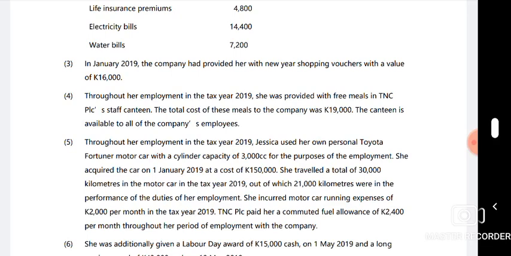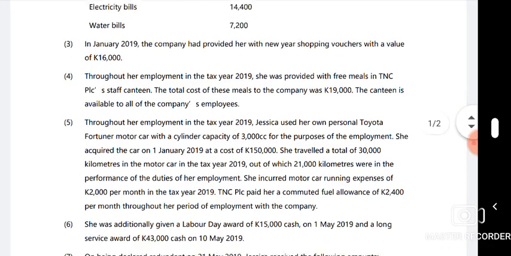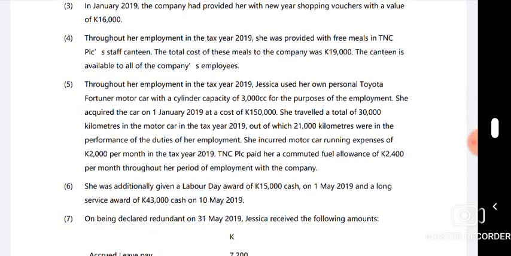5. Throughout her employment in the tax year of 2019, Jessica used her own personal Toyota Fortuner motor car with a cylinder capacity of 3,000 cc for the purpose of employment. She acquired the car on 1st January 2019 at a cost of 150,000.